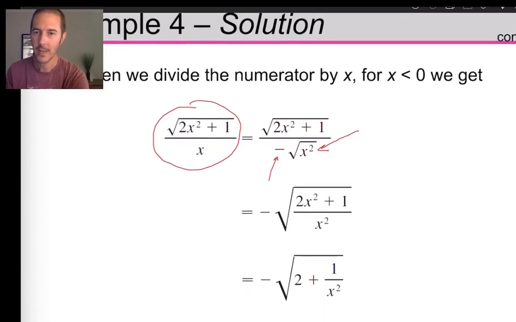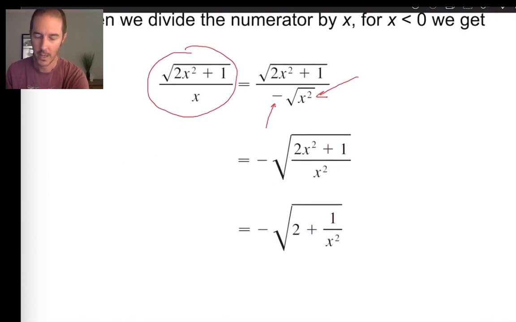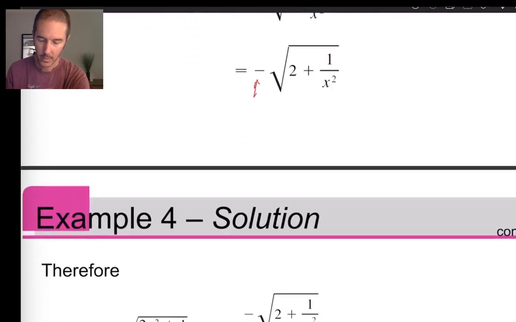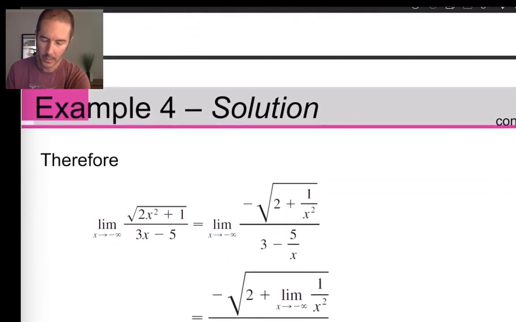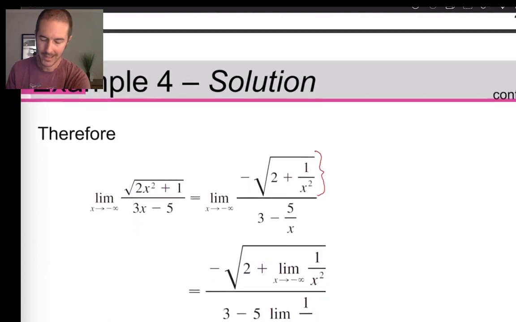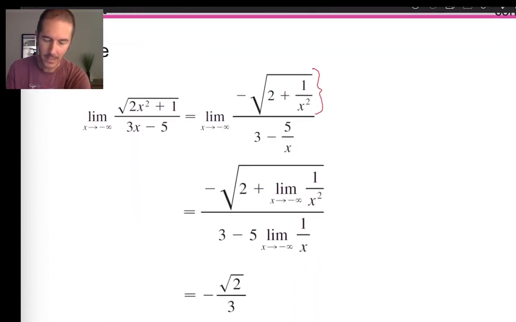That negative sign is going to hang with us. It's still in front of the radical, and when we incorporate it into the numerator of that original function and start applying limits, this negative sign is still with us.